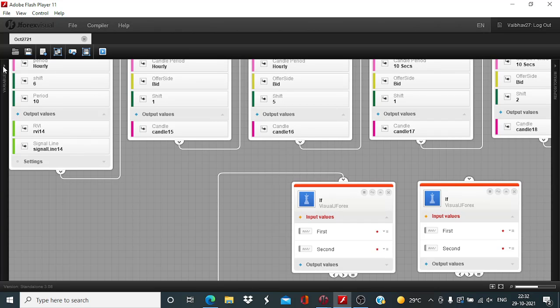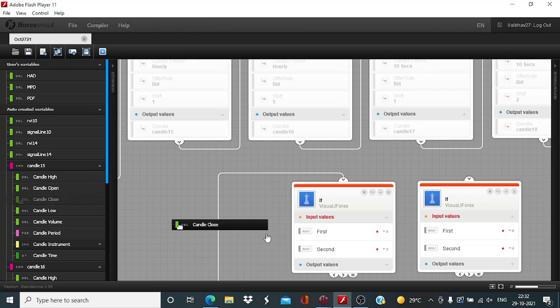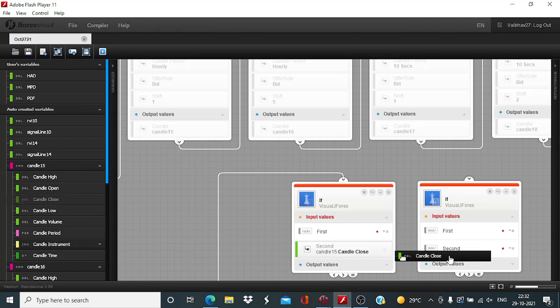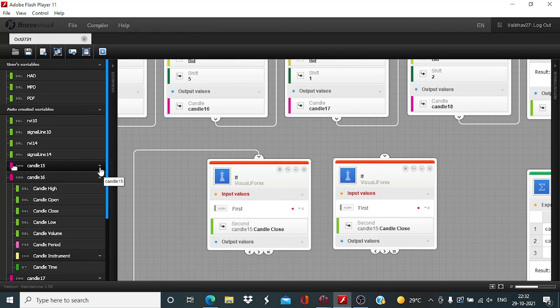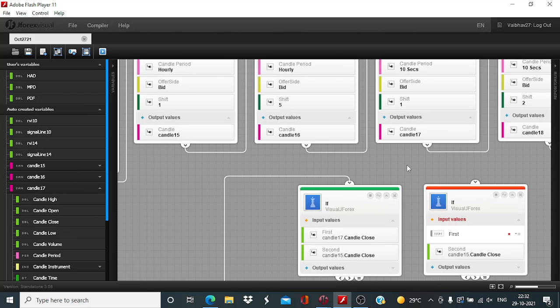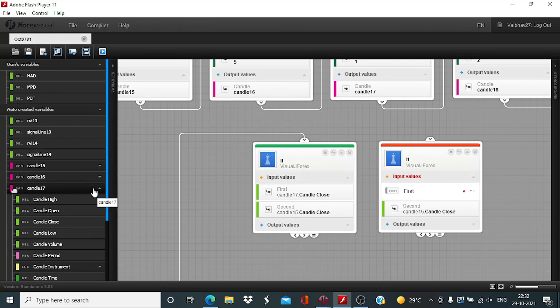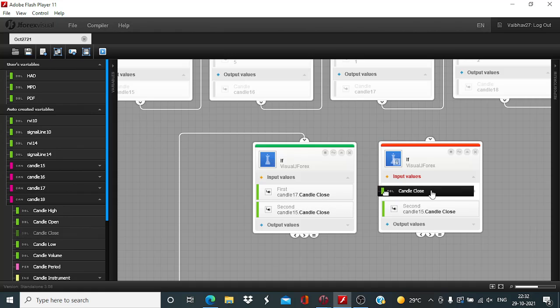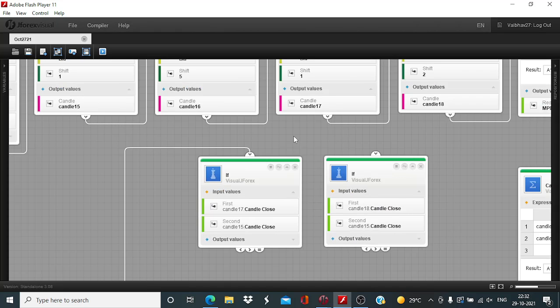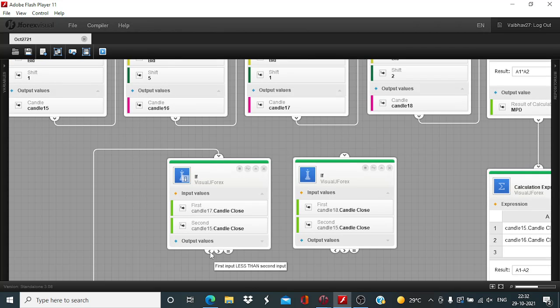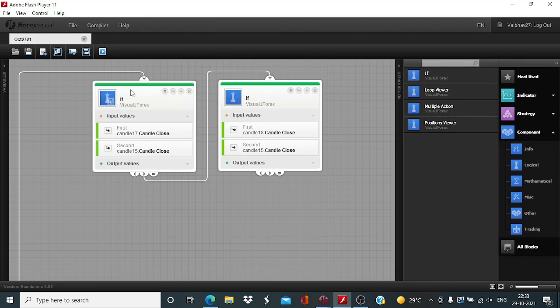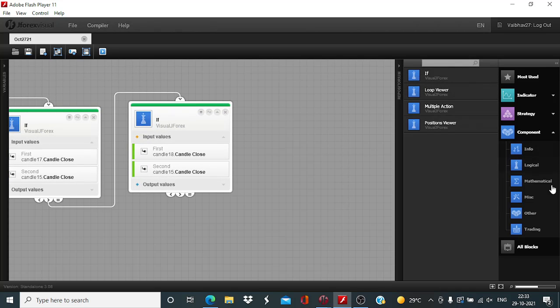So here I am going to take candle 15 and compare it to candle 17 candle close and candle 18, first input greater than second input, and after this we bring in the trade command block, open at market.